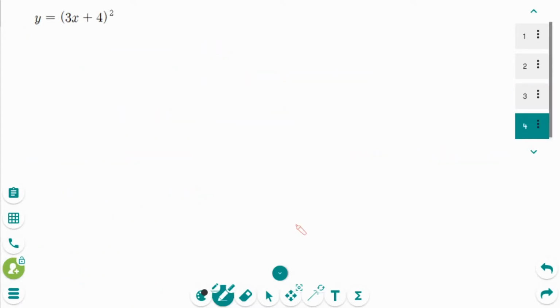The third way is to use the chain rule. Use substitution. Let u be 3x plus 4. Then we can rewrite as y equals u squared, where u equals 3x plus 4.